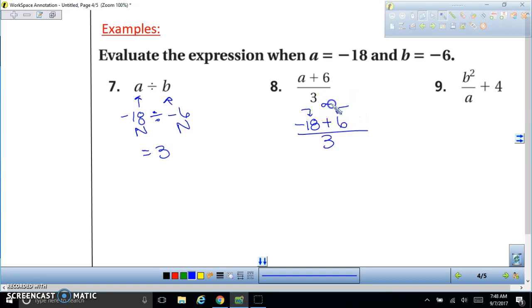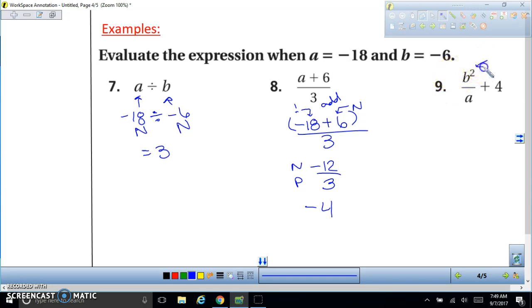We're using our addition rules on the top first. Negative 18 is further from 0, so our numerator is going to be negative, and 18 minus 6 is 12, so negative 12 divided by 3. All right, now we have negative divided by positive, and a negative divided by a positive is negative, and 12 divided by 3 is 4.